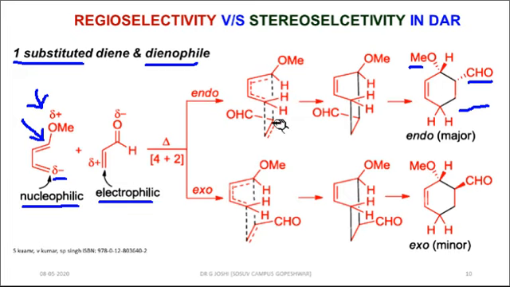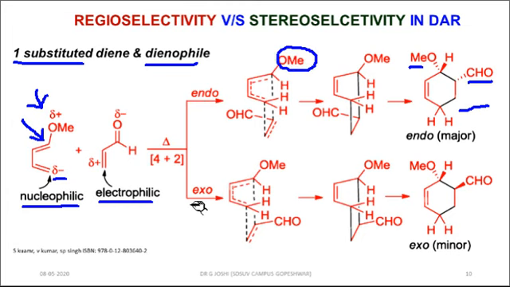The group on the dienophile that is endo in the transition state will become cis to the group on the diene which is lying towards the outside.